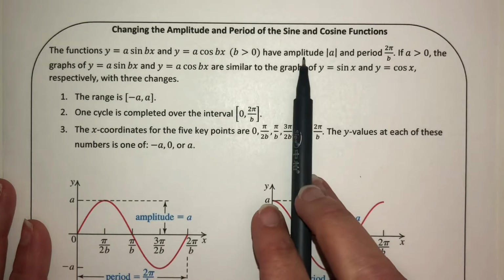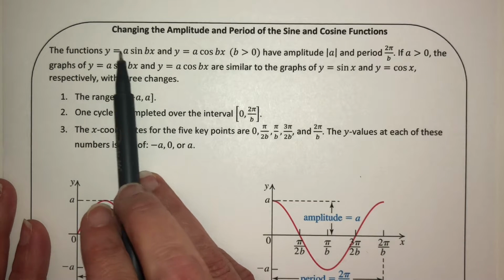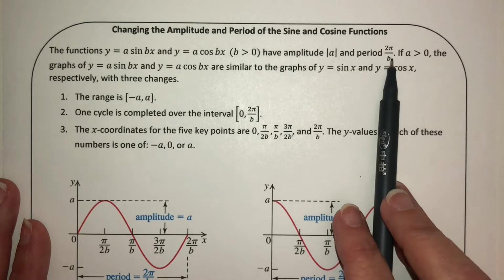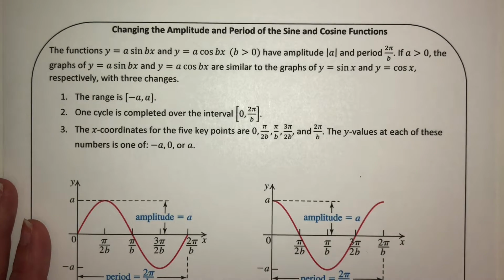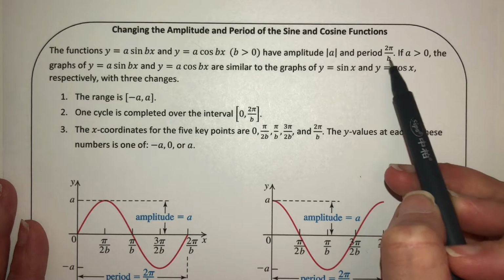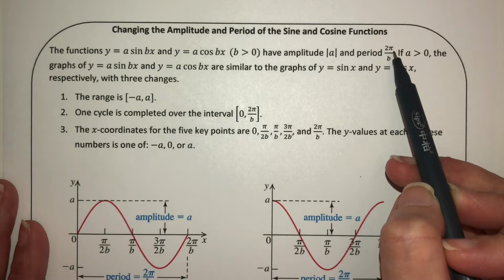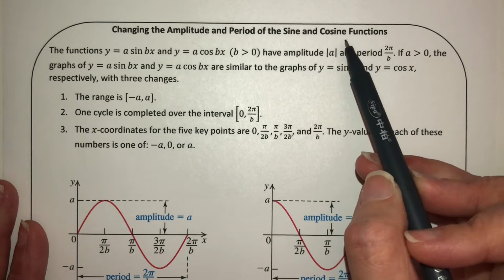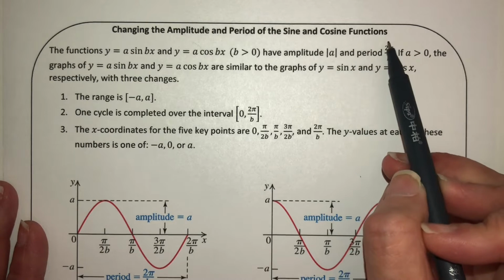We can always make that multiplier a positive number, okay? We know that the amplitude is going to be the absolute value of this multiplier in front. And the period of that function is going to be 2 pi divided by b. Okay? And it's 2 pi because sine and cosine both have a period of 2 pi.